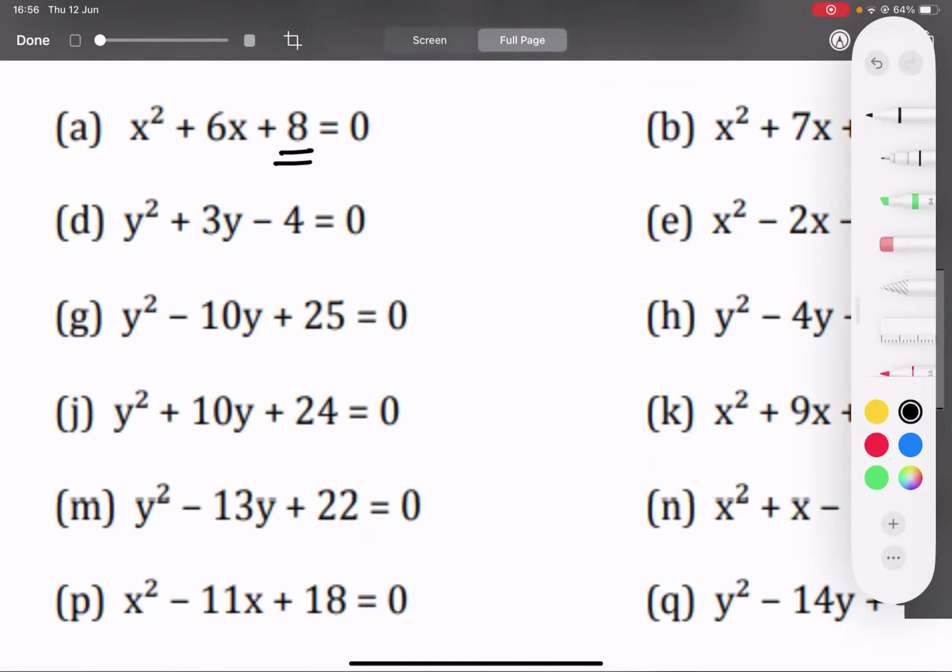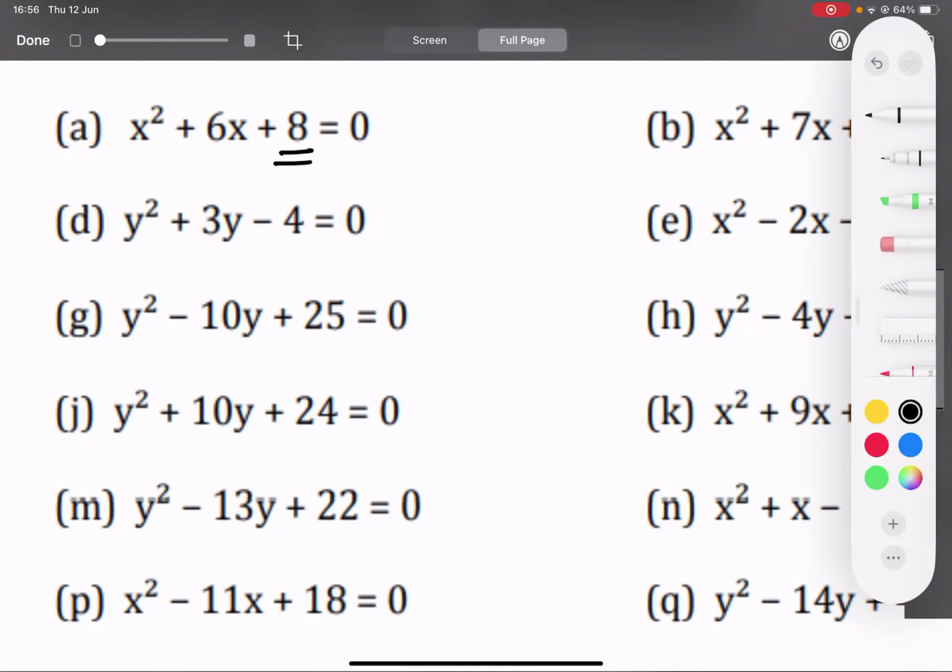So you've got 1 times 8, 2 and 4, 4 and 2, 8 and 1, minus 1 and minus 8, and so on. We won't need all of them anyway. Which one of those pairs add up to 6? 2 and 4. Cool. So that's the answer.